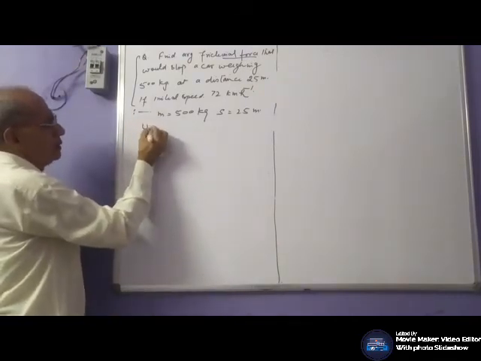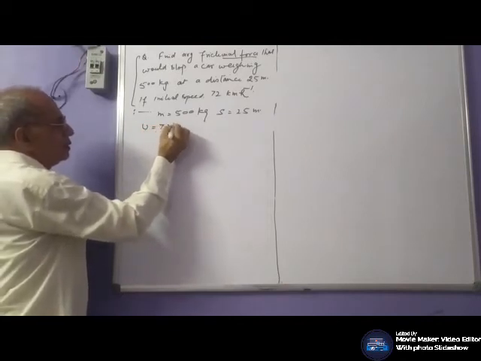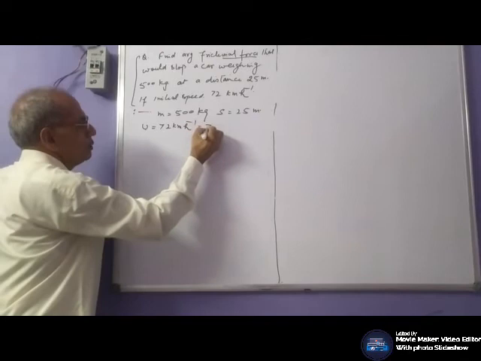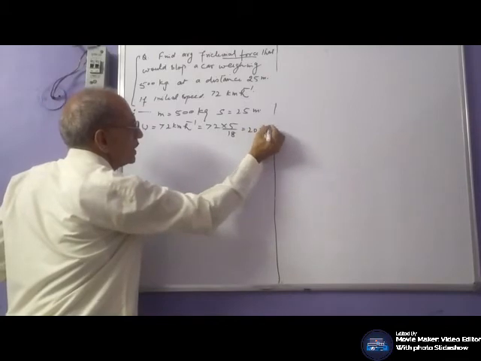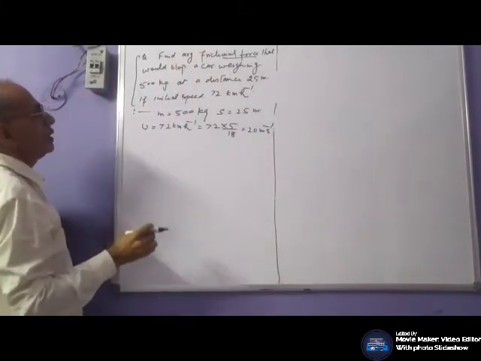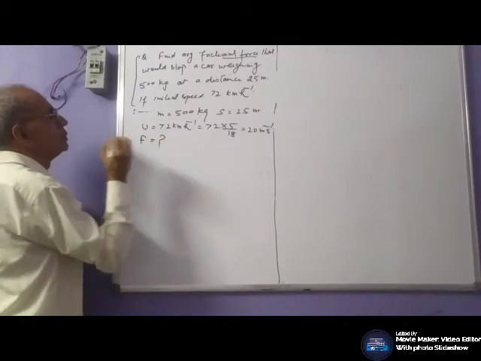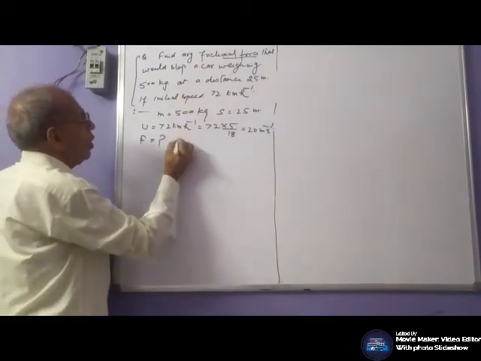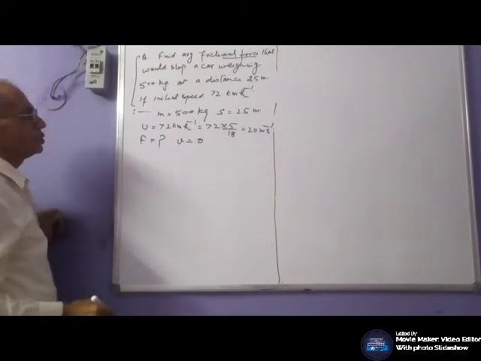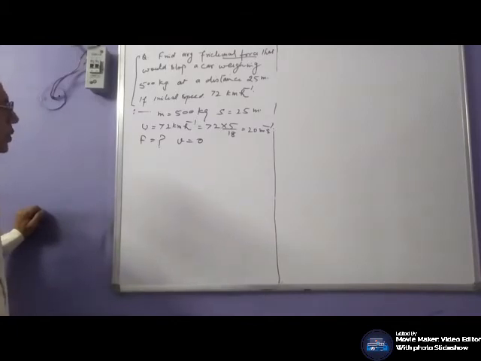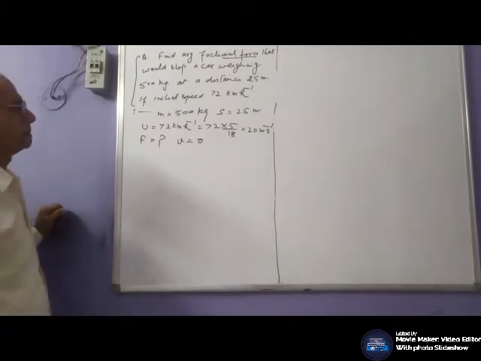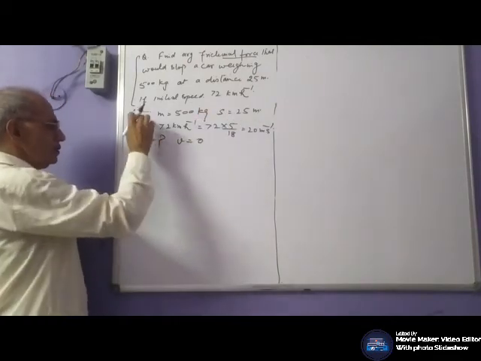Initial speed is 72 kilometer per hour. 72 into 5 by 18, it is 20 meter per second. Again, find the average frictional force which would stop the car. Final velocity should be zero at this distance. This initial speed is this. So F is MA. First find A. S is given, V is given, U is given.